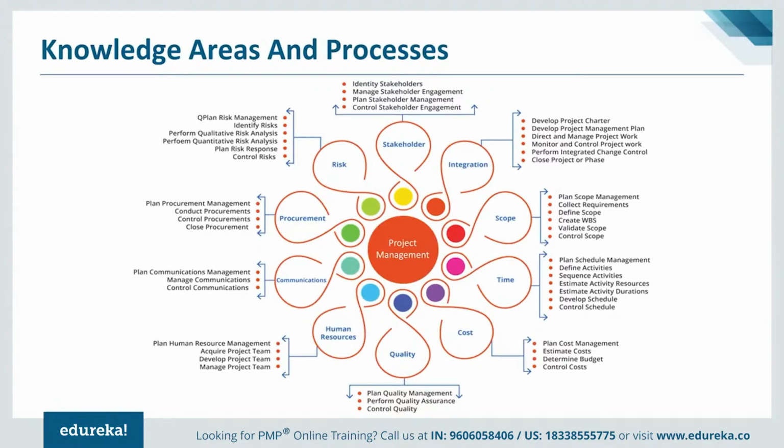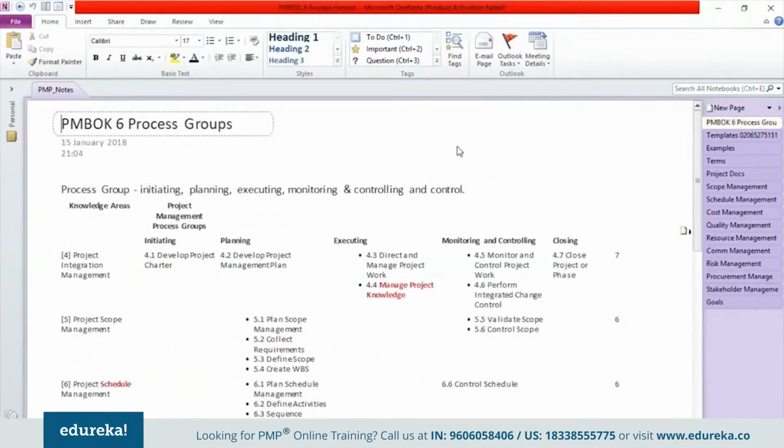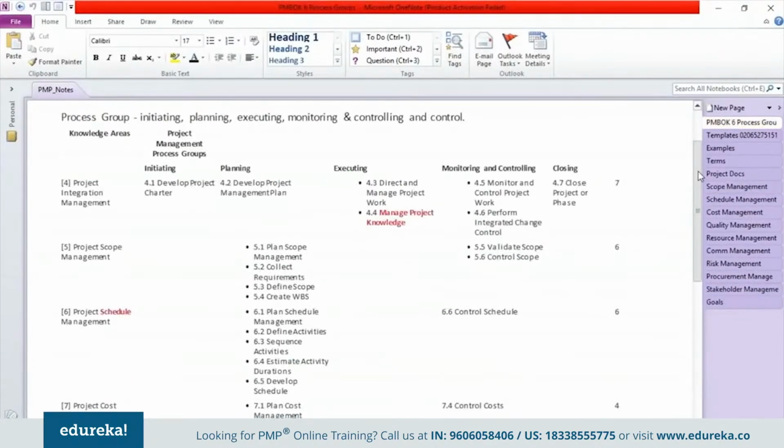And of course, there are process groups. Those process groups are your initiating, planning, executing, monitoring and controlling, and closing. All these knowledge areas and processes are going to be a part of these process groups. Maybe I would like to very quickly show you this.